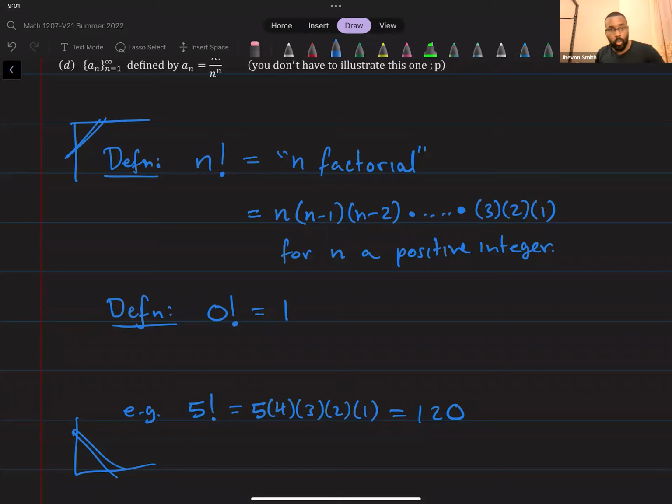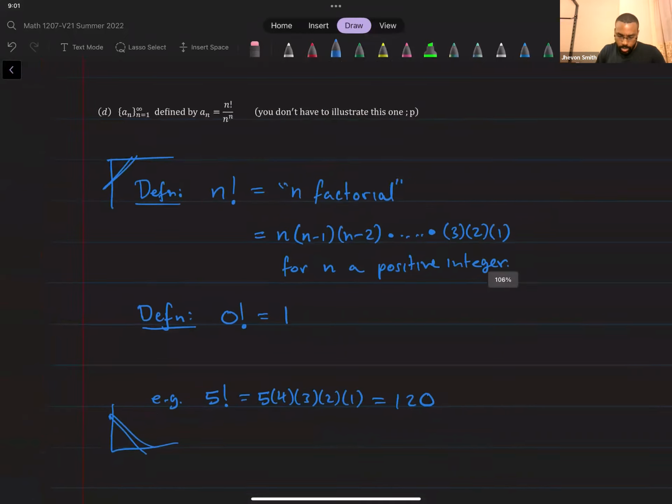Now 0 factorial is 1. For any other factorial, the factorial is defined to be the product of all integers from 1 up to that number, right? So 10 factorial is just the product of numbers 1 times 2 times 3 times 4 times 5, all the way up to 10. 5 factorial is 1 times 2 times 3 times 4 times 5, etc.